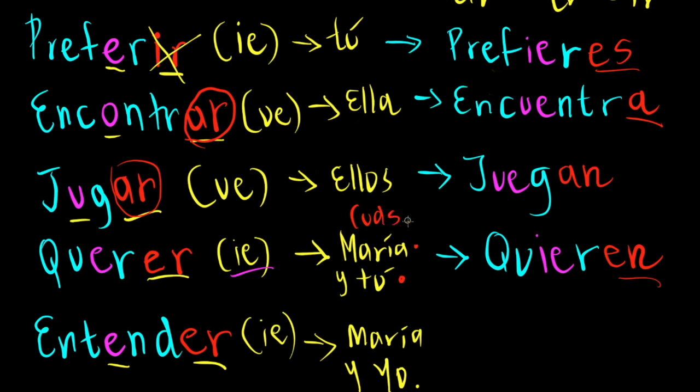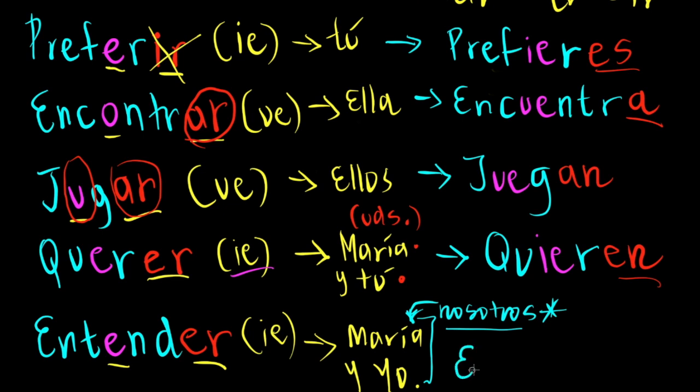In the next one, we have entender, conjugated to María y yo. Now, what's going to happen here? You remember, right? There is an exception to the stem change, and the exception to the stem change right here is nosotros. So here we have María y yo, which the equivalent is nosotros.